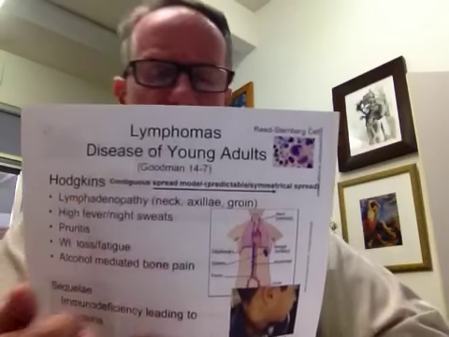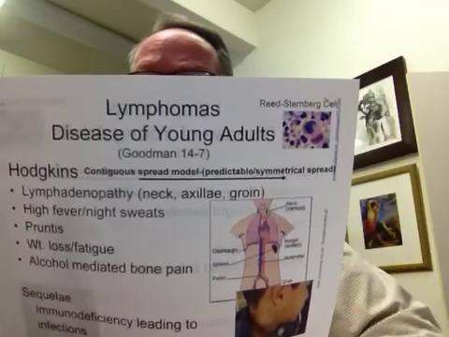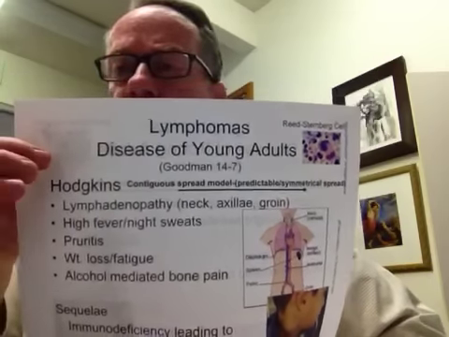In Hodgkin's, there's a very symmetrical spread or metastasis of the disease. And so the disease will be bilateral and it will metastasize from superior to inferior. So what happens is the disease starts and then spreads symmetrically. So it's quite predictable in its manifestations.